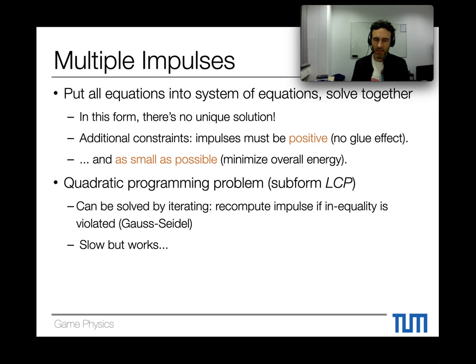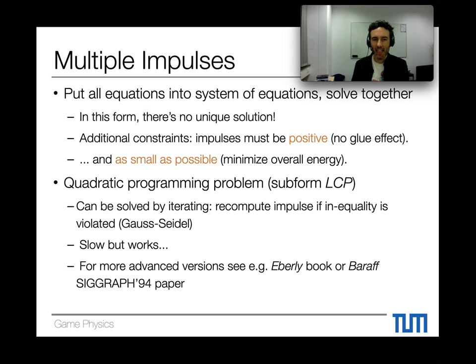So as you can imagine, this kind of iteration and repeated evaluation can be slow, but you can actually show that this equation-wise update will converge to a solution. If you're interested in faster converging, better LCP solvers, there's a nice SIGGRAPH course on these rigid body simulations.